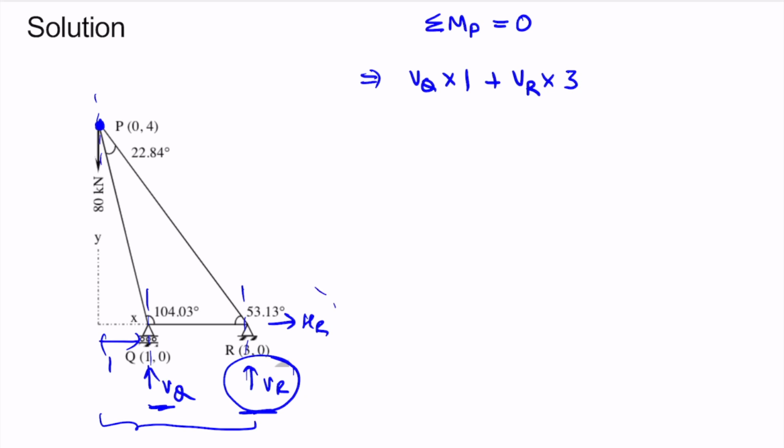We have another force HR, and this force HR is also trying to rotate this in anti-clockwise direction. So plus HR multiplied by the distance between this point P and line of action of this force. This distance is 4, right? So 4 equal to 0.